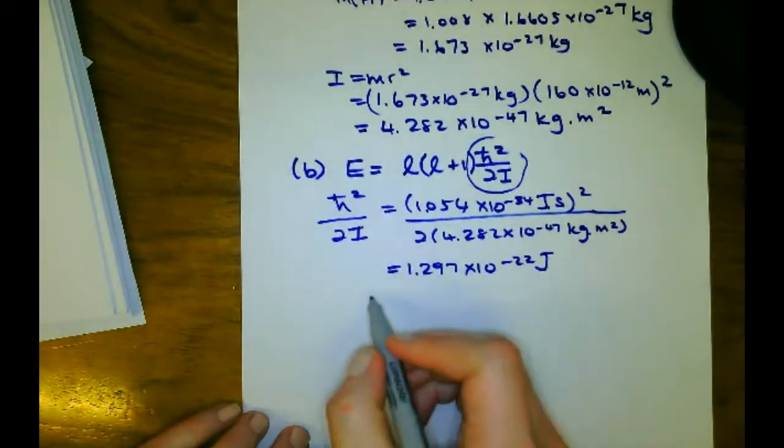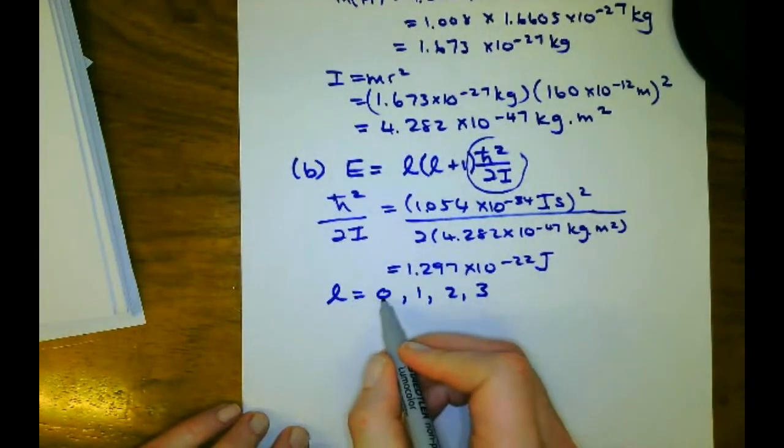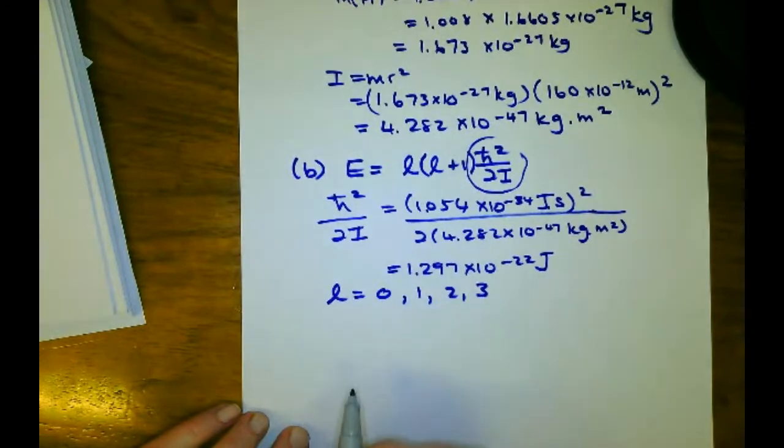Okay, and now we can apply that to L equal to 0, 1, 2, 3. The 1st, 2nd, 3rd, 4th energy levels.